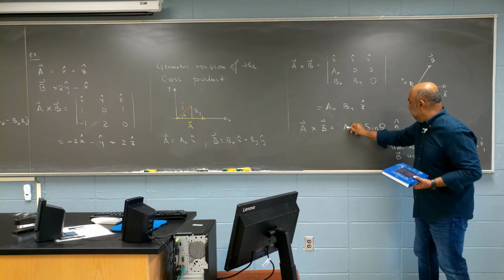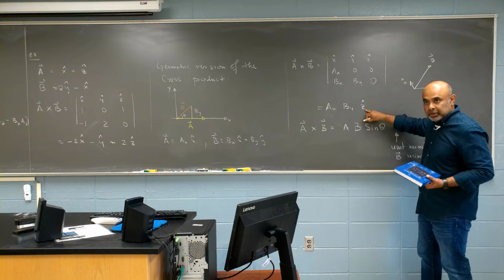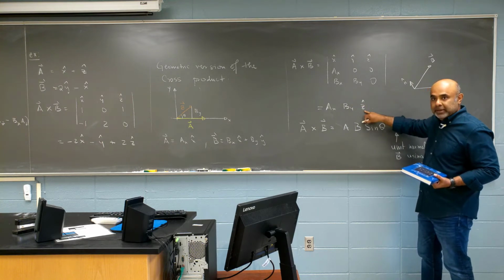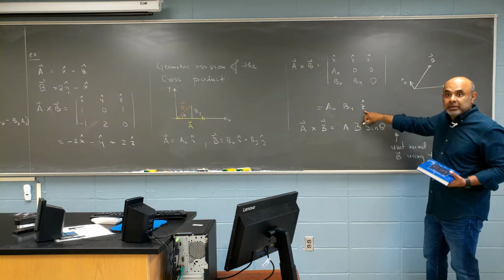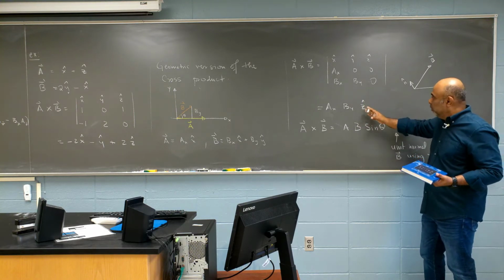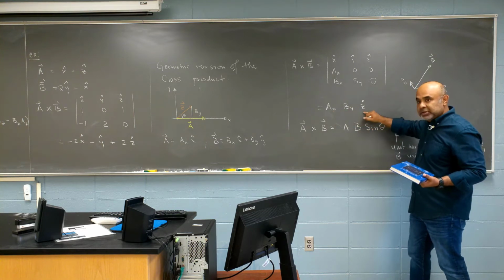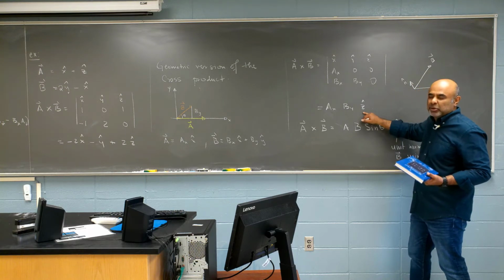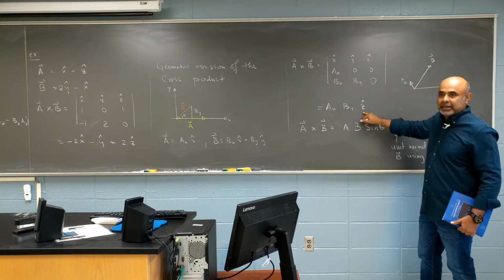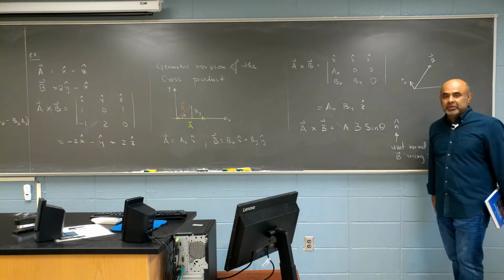In this problem, it is a unit vector perpendicular to A and B, but it just so happened to be the z-axis. In general, it doesn't have to be the z-axis. It could be just any axis. But we've already taken care of the magnitude. So whatever this direction is, we don't want it to have any magnitude, or rather, we want it to have unit magnitude, because the magnitude has been taken care of. We don't want to change the length of the vector anymore.